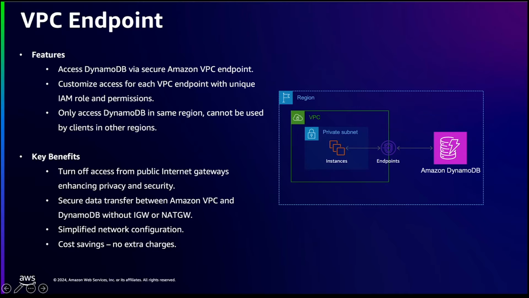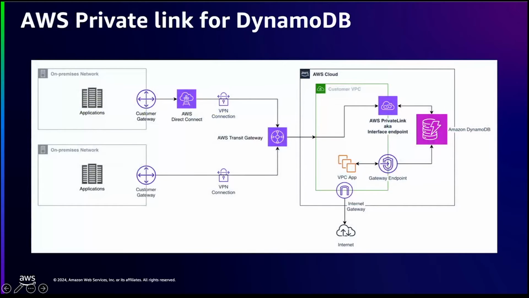You have today two types of Amazon VPC endpoints to access DynamoDB: gateway endpoints, which we already spoke about, and interface endpoints by using PrivateLink. With gateway endpoints, you specify a gateway in your route tables to access DynamoDB from your VPC over the AWS network. With interface endpoints, you expand the functionality of gateways by using private IP addresses to route the request to DynamoDB from the VPC, from on-premises, or from a VPC in another region by using VPC peering or transit gateway.